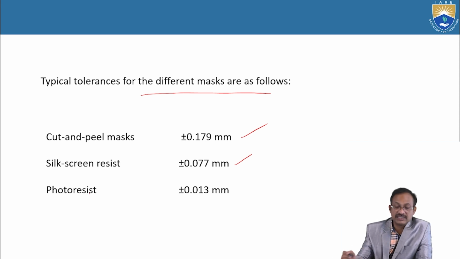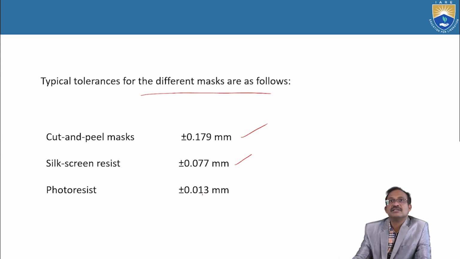For photoresist, the tolerance is plus or minus 0.013 millimeters. So it is a very close dimensional tolerance.